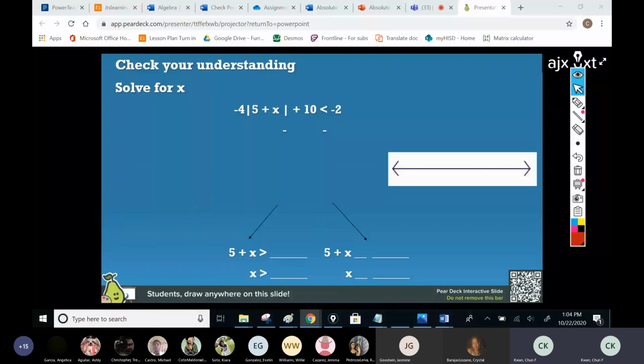Divide by -4. Hey, Trenton, what is 12 divided by 4?